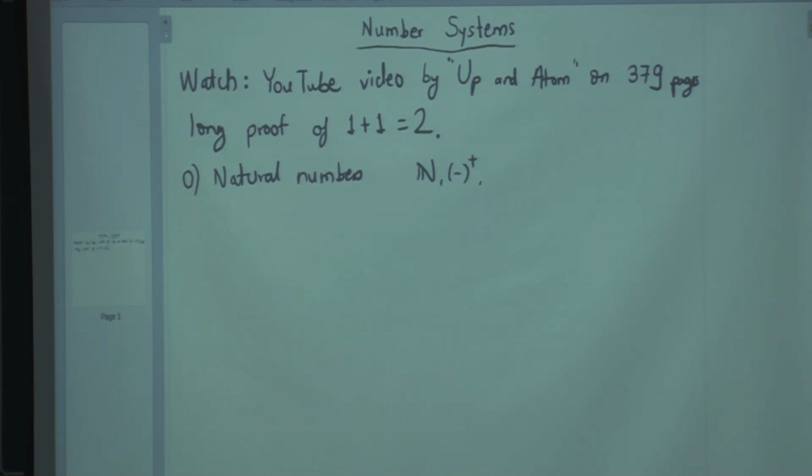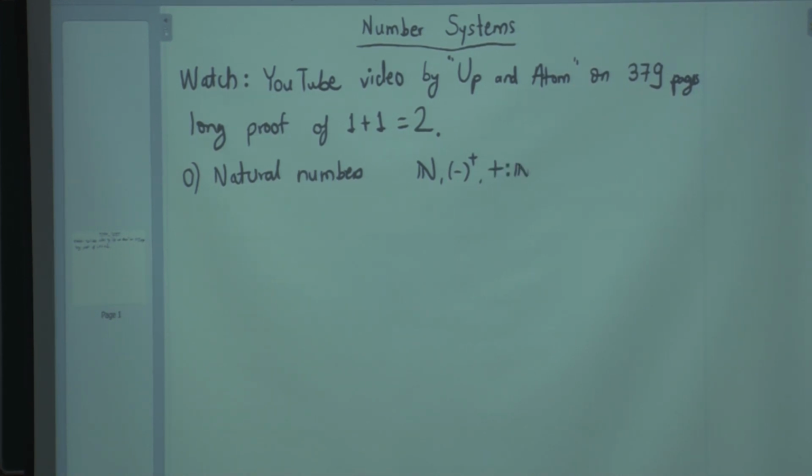So blank plus, the shift operator, then addition as an operation from N cross N to N, and multiplication as an operation from N cross N to N. And we also saw exponentiation. Now we want to extend it in stage 1 to integers.